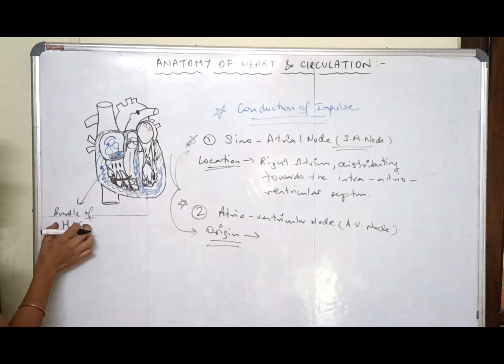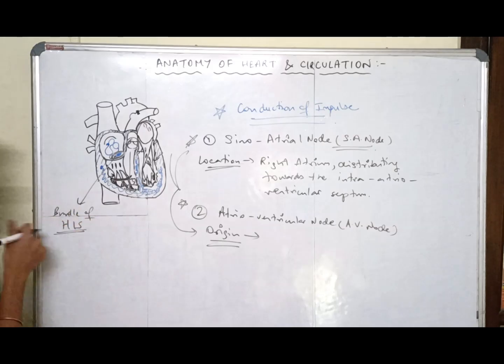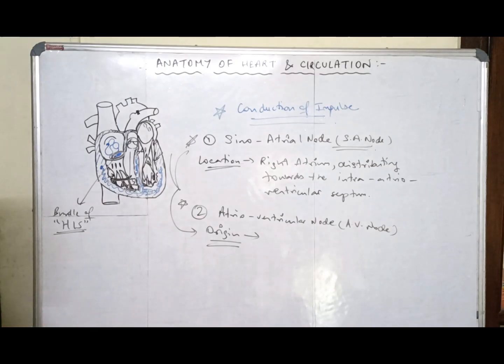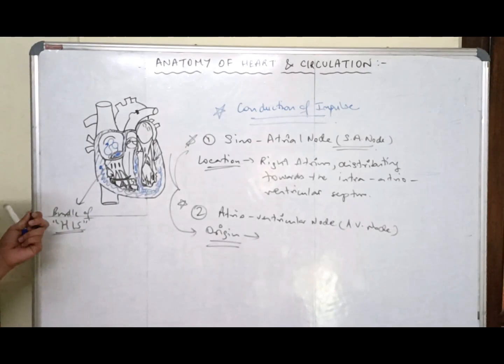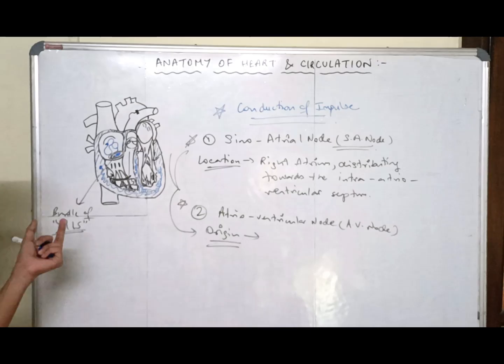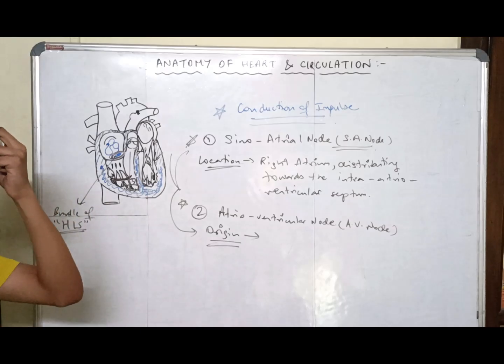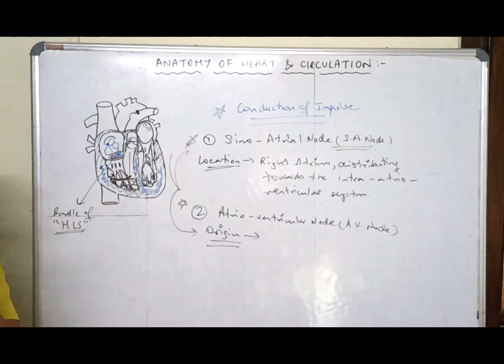Now, His is not an acronym. It is definitely not an acronym, but it somewhat resembles God Himself, because otherwise, bundle of His means it is given by any spiritual living being, or it is just a hypothesis in general anatomy, but that is the actual name that is given to this muscular fiber.